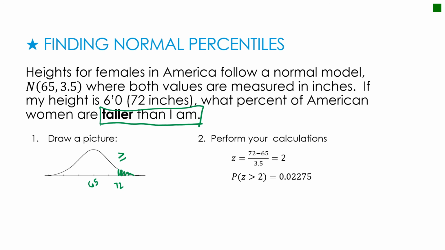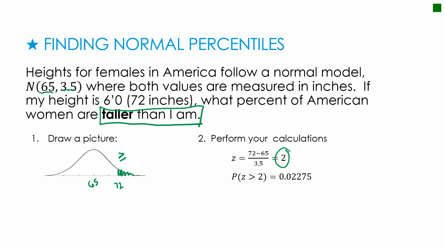And now I'm going to perform my calculations, which means z-score. So my observed value, or the one I'm testing, is my height of 72. I'm expecting 65 with a standard deviation of 3.5, which gives me a z-score of 2. Now be very careful because some people are like, oh great, that's 2, I'm going to use my empirical rule.